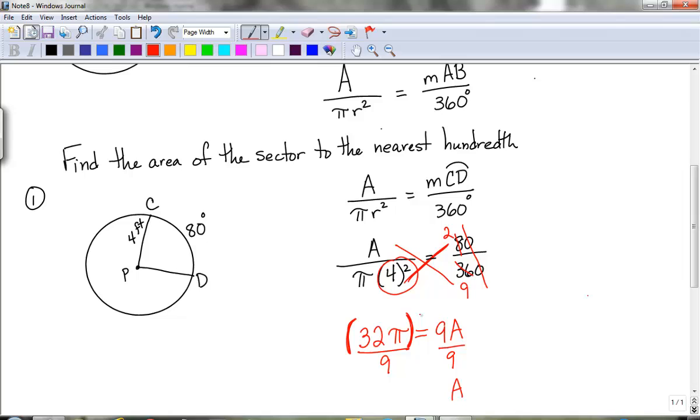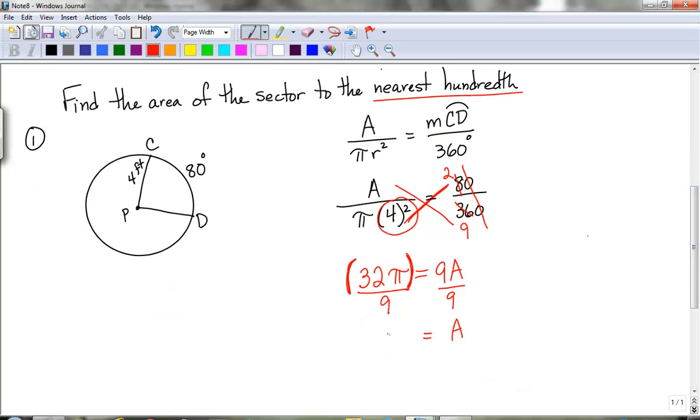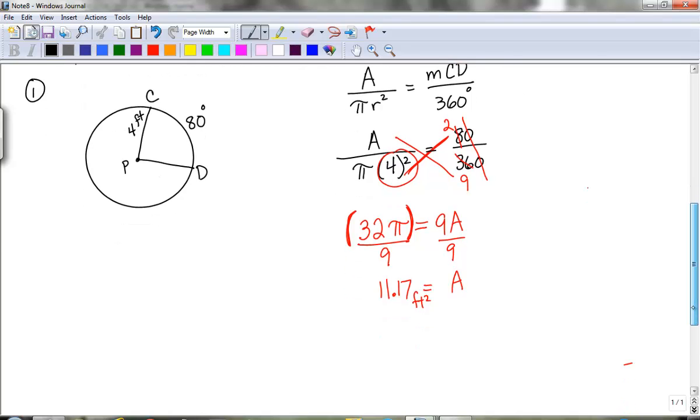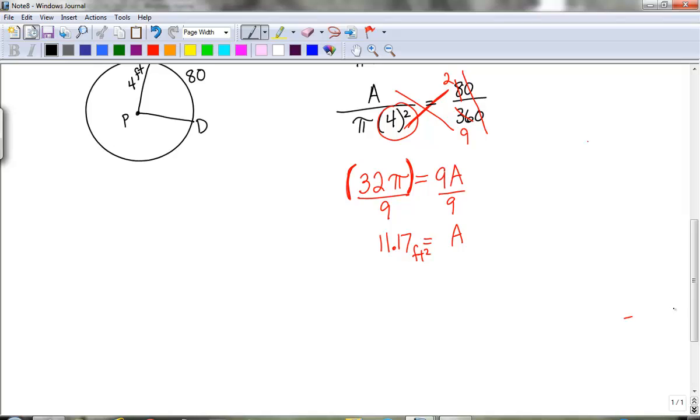So do 32 pi divided by 9, and I get 11 point, now they wanted it to the nearest hundredth, so 11.17. And that would be in square feet, or feet squared, for your answer. 11.17 square feet. Questions on that one? If you can reduce it, it makes it easier. Okay, so 11.17.